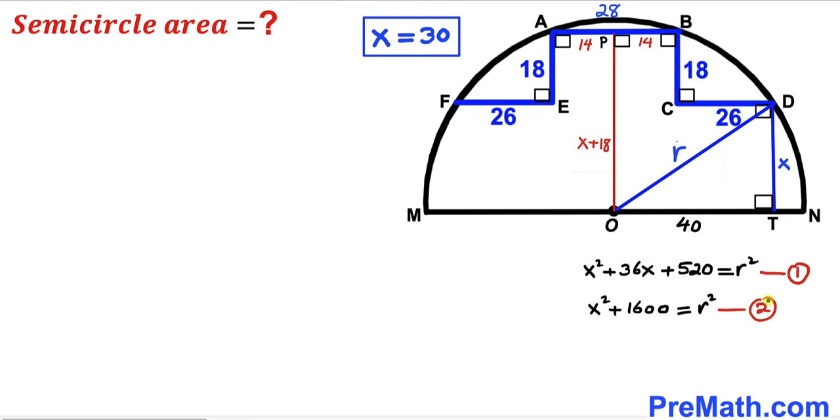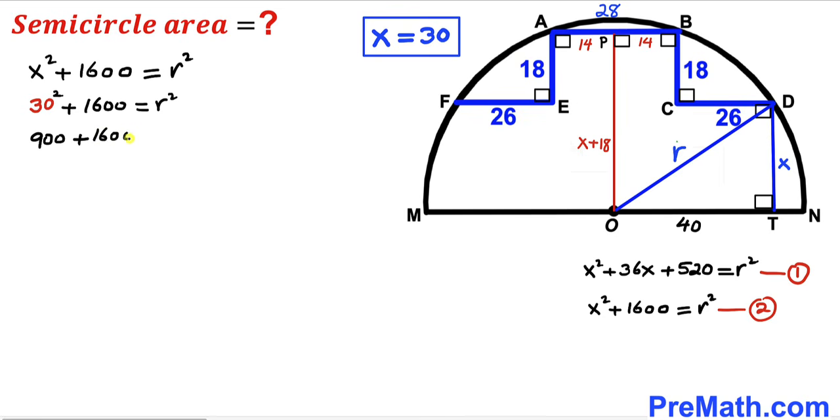In this next step, let's focus on equation 2. Here I have copied down equation 2, and we know our x value is 30. So I'm going to substitute x value 30 over here, as you can see in this next step. This is going to give us 900 plus 1600 equals r square.